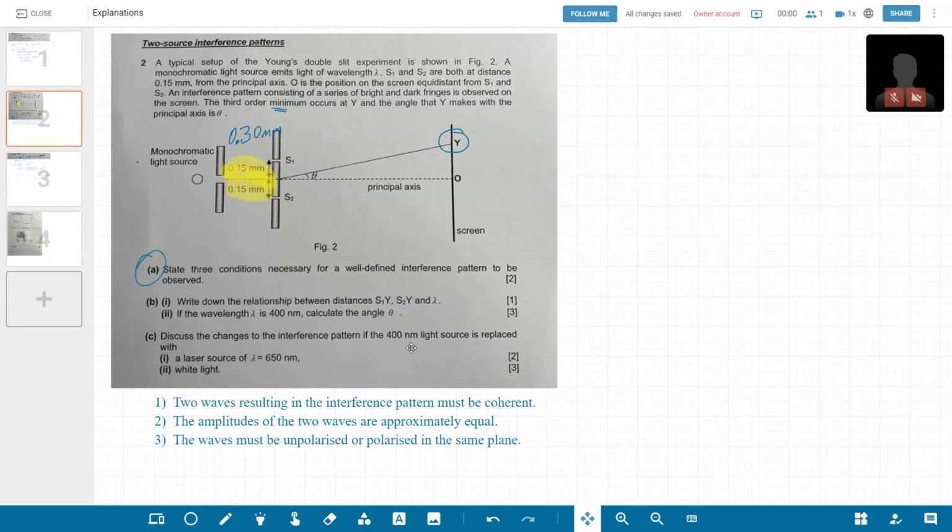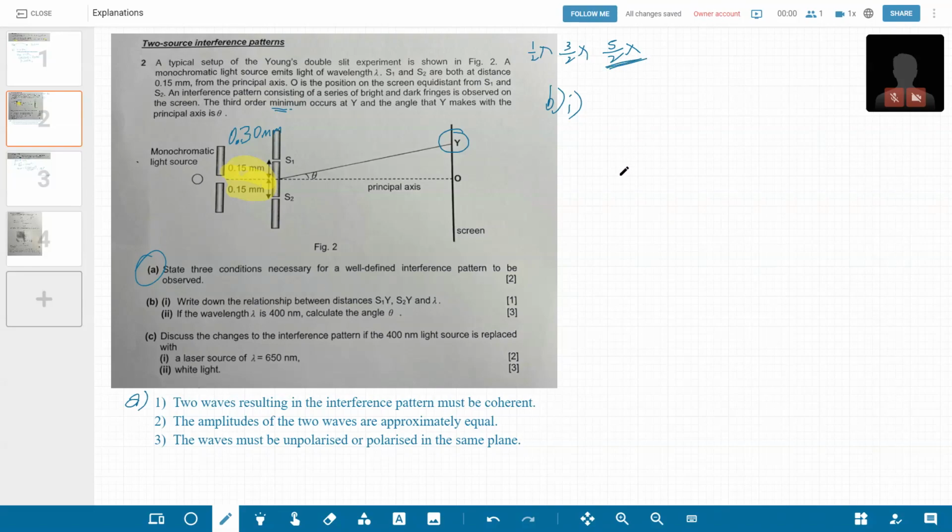Next, write down the relationship between S1Y and S2Y. Let me just put A here and B on the right side. So easily, this is the third order minimum, and these two are in phase because of this single slit. So they are two sources in phase with constant phase difference. The third order minimum means that first order is half lambda, then 1.5 lambda, then 2.5 lambda, or 5/2 lambda.